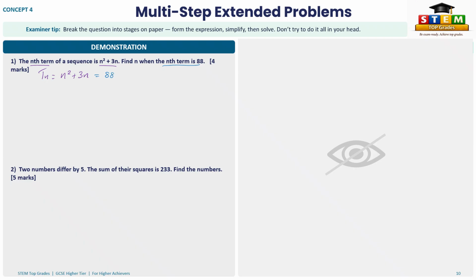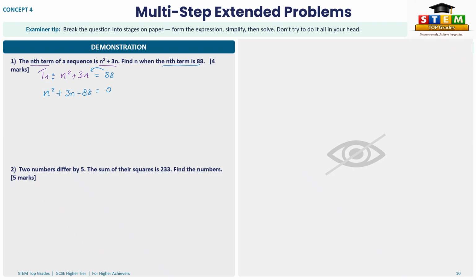So how do you find the value of n? When we solve a quadratic equation, you have to have 0 on one side. So we're going to send 88 onto the left-hand side. So we've got n squared plus 3n minus 88.